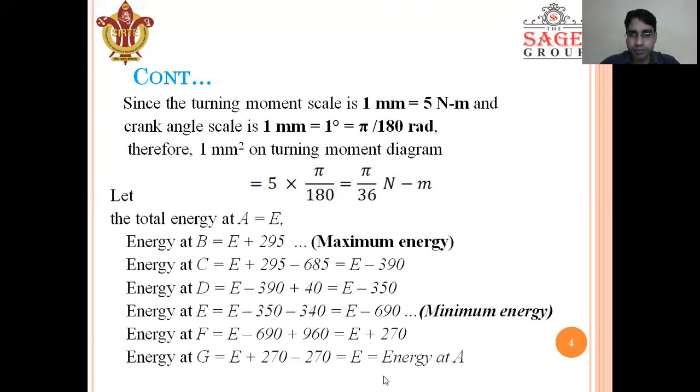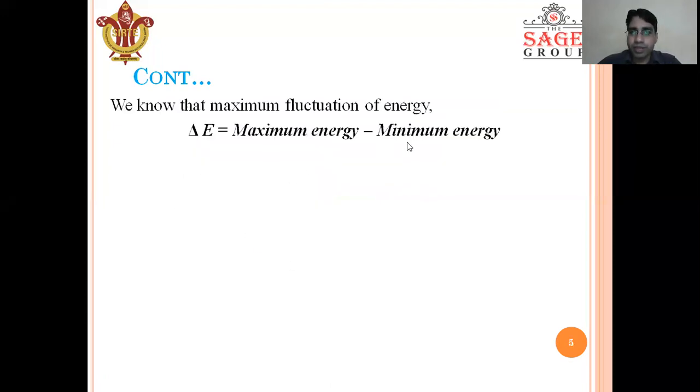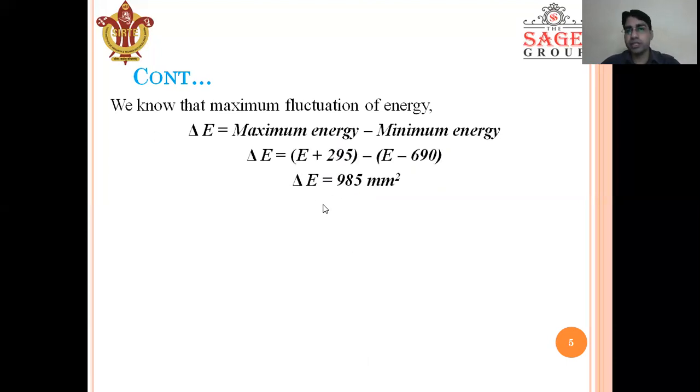We know that the maximum fluctuation of energy, delta E, equals maximum energy minus minimum energy. Putting in the values of maximum and minimum energies, we get delta E equals 985 mm square.